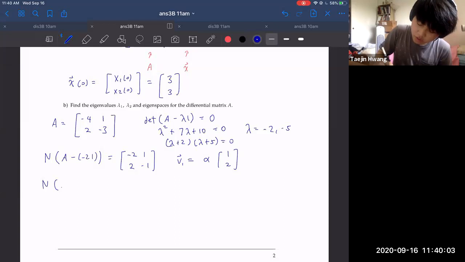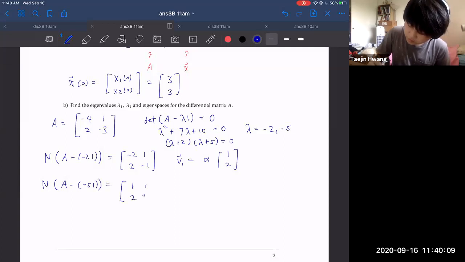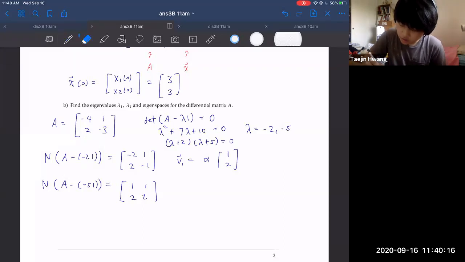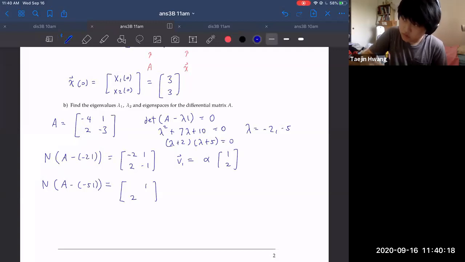And we can do the same thing for the other eigenvector. Hold on a sec, this doesn't look right. Actually, 2.